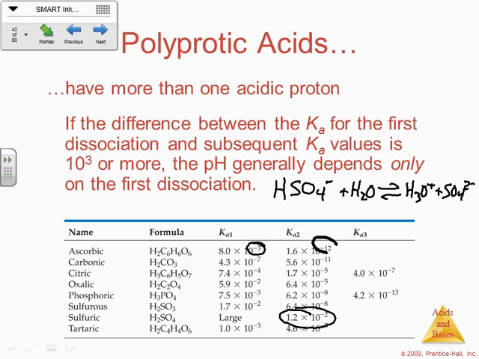Second one is times 10 to the negative 12th. In other words, after it loses its first hydrogen, that second one does not like to come off. Right? So you can basically say that any of the H plus that is added to the water is coming from that first hydrogen, not from the second one. Okay? And that actually makes solving the problem quite a bit simpler when they ask you to solve the problem for a polyprotic acid.